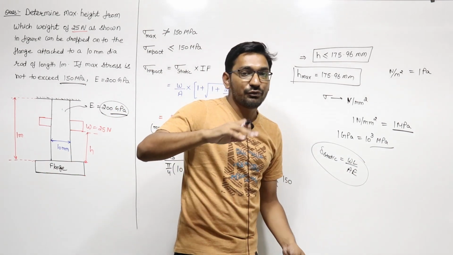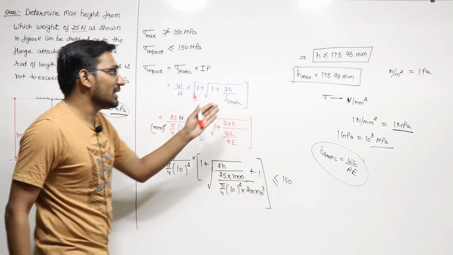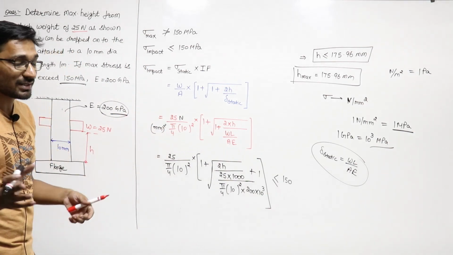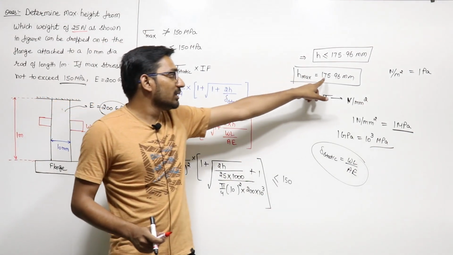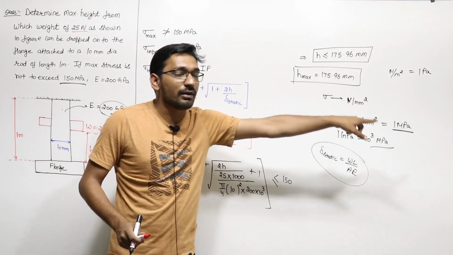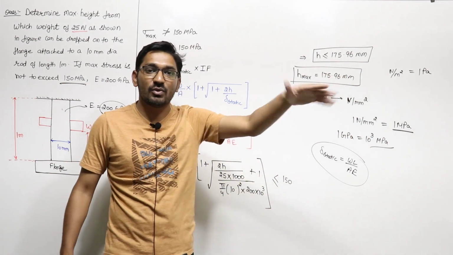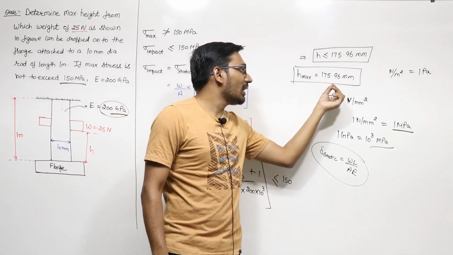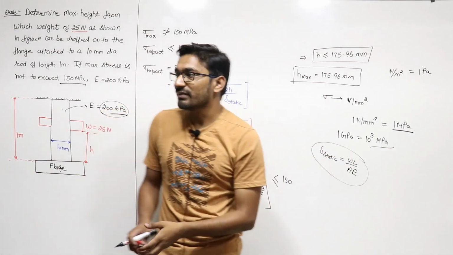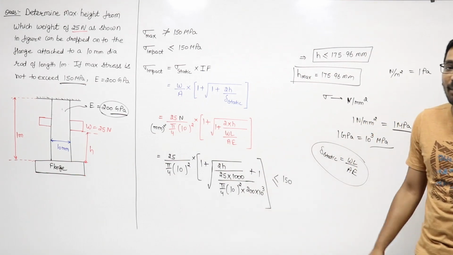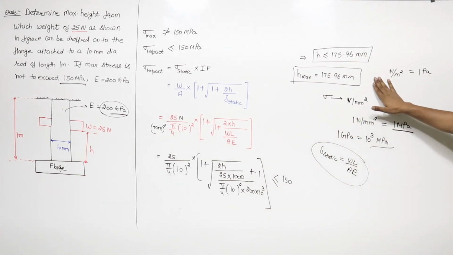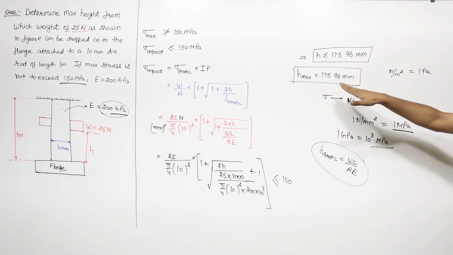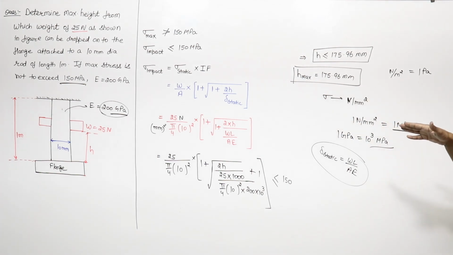If you increase the height, that is, if in the question you round it off to 176 mm, then your answer will be wrong, right? If I exceed the height, then the stress value will exceed 150 megapascal, so the answer should be 175.96, not 176, right?